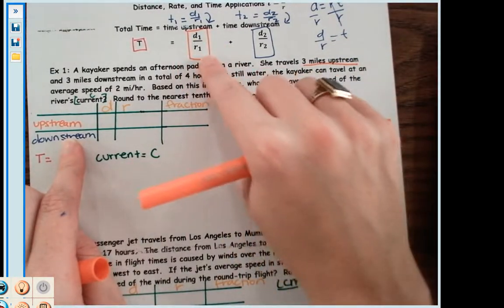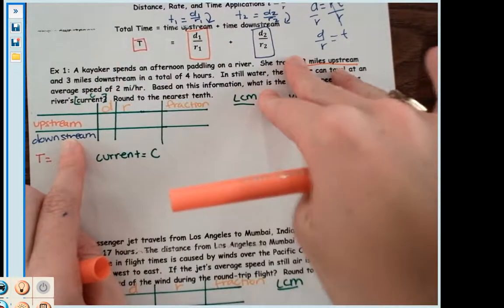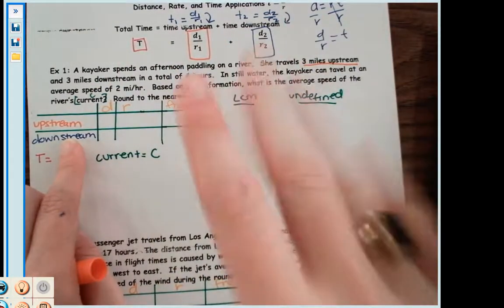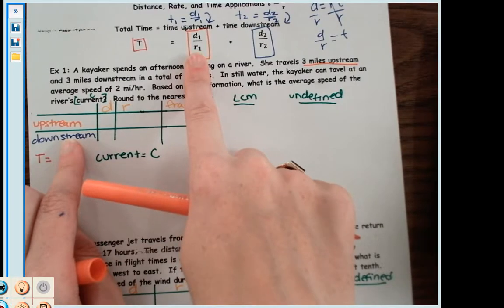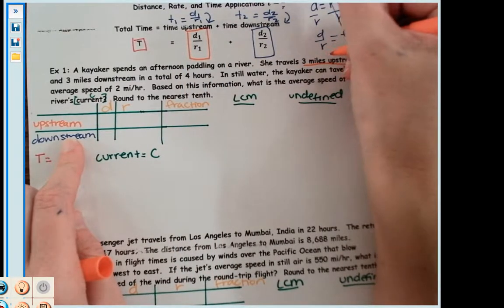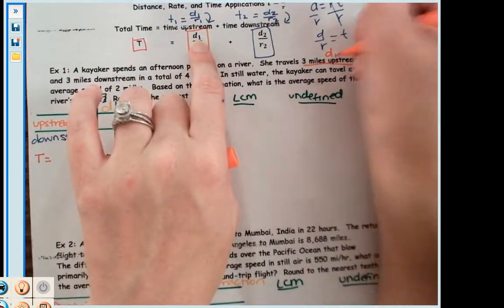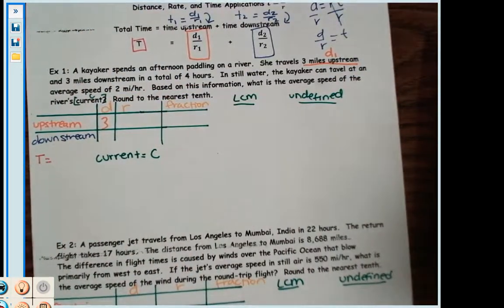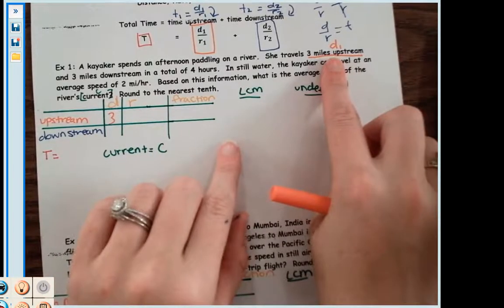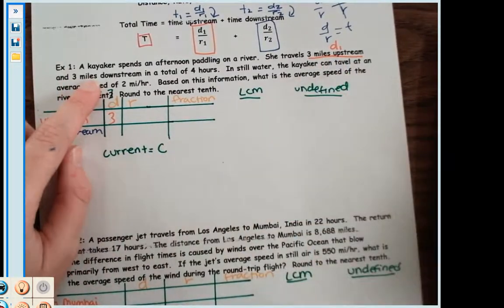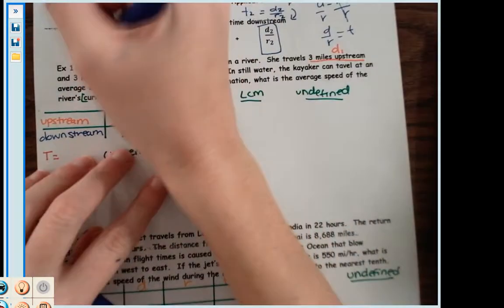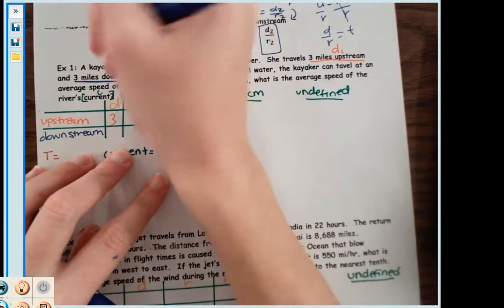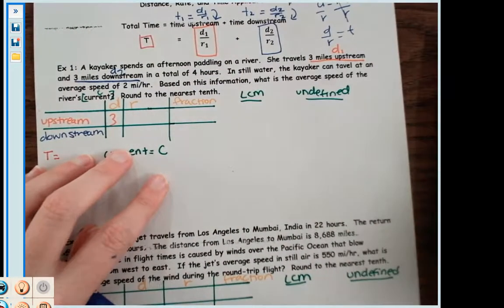So all this stuff, I'm going to do in orange. Remember, I like to color code stuff. So this fraction, all the information for this will be in orange, and this is a distance, so this is going to be my distance 1. The distance for the upstream is 3, but they also go the same amount downstream. So 3 miles downstream. Everything that's downstream, I'm going to do in blue. So for my 3 miles downstream, this will be a D2 for my distance.